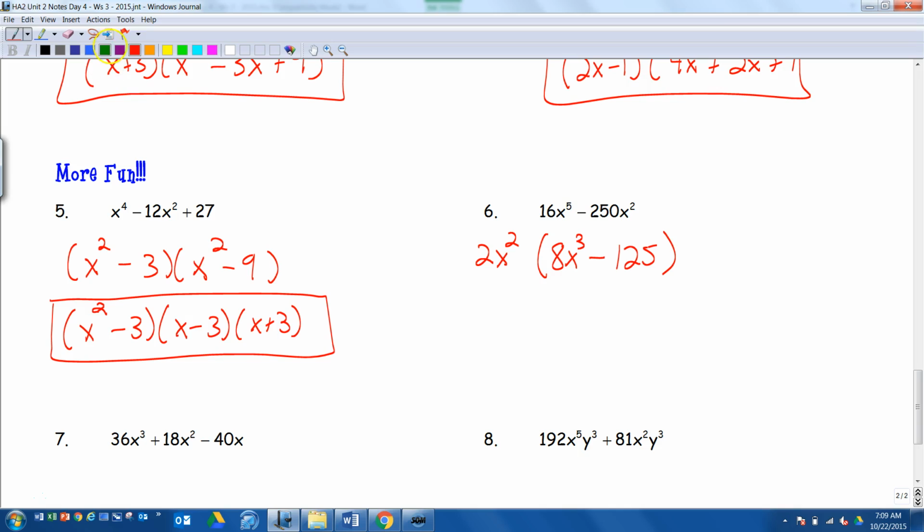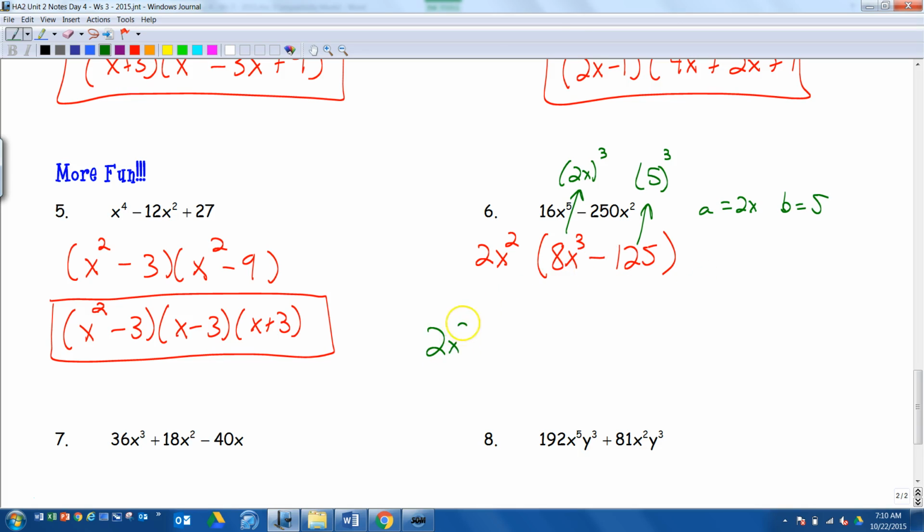But you're not done, because now we know how to factor this, because this is a difference of two things that are being cubed. So we can say that this is the same thing as 2x to the third, and this piece is 5 to the third. So for this problem, a is going to equal 2x, and b is going to equal 5, and it's going to be the minus one, so the minus will come first.